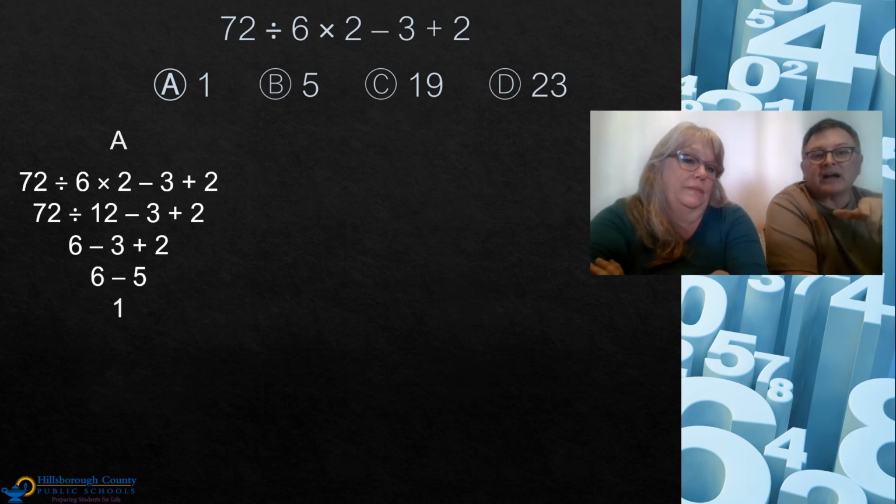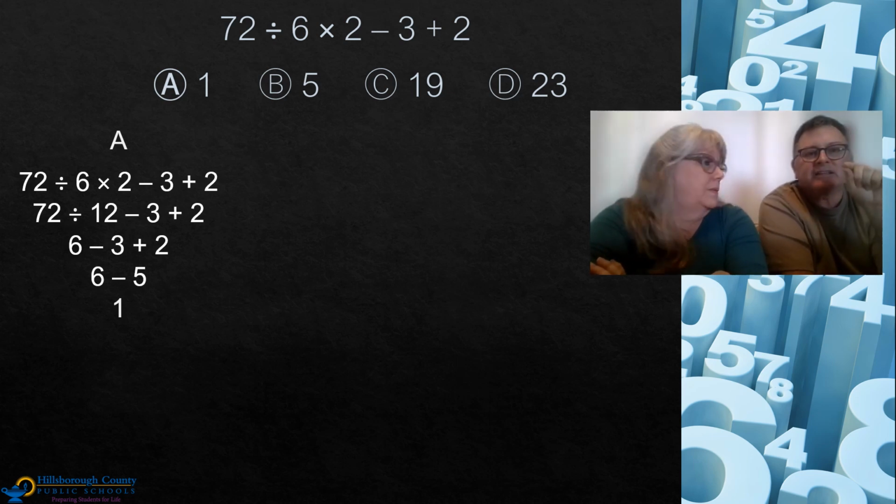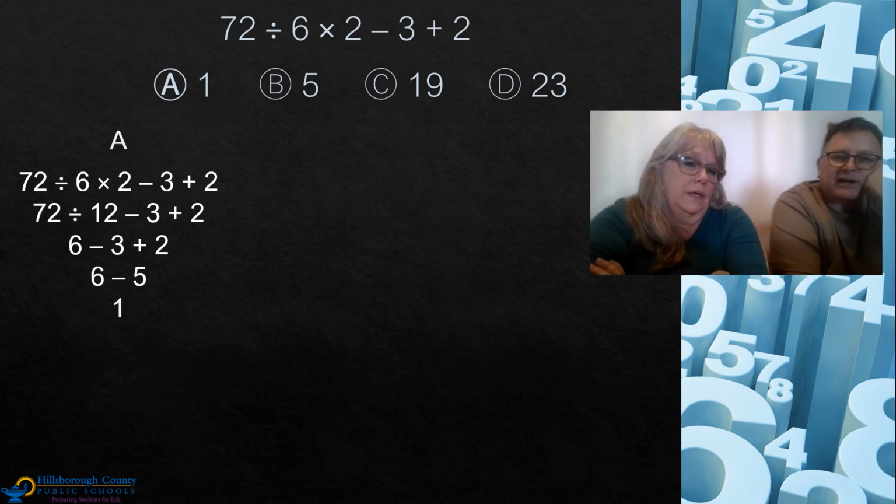Well, right away, if you're looking at the second line of values there, they should have divided before they multiplied. So they should have divided 72 divided by 6 and got 12, and then multiplied by 2.